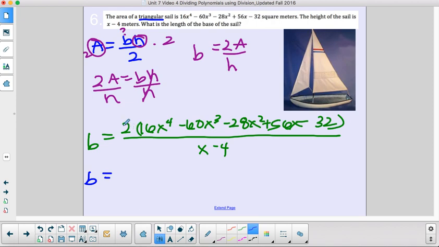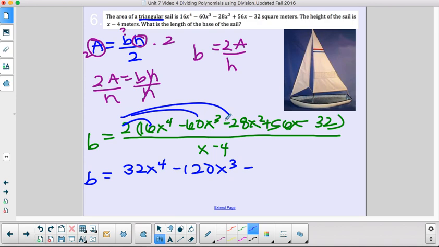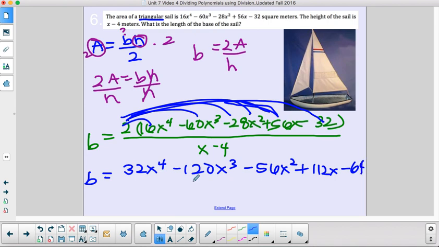So I have 2 times 16, so it's really 32x to the 4th minus 120x to the 3rd, minus 28 times 2 is 56, so minus 56x squared plus 56 times 2, which is 112x, minus 2 times 32, which is 64, all divided by x minus 4.